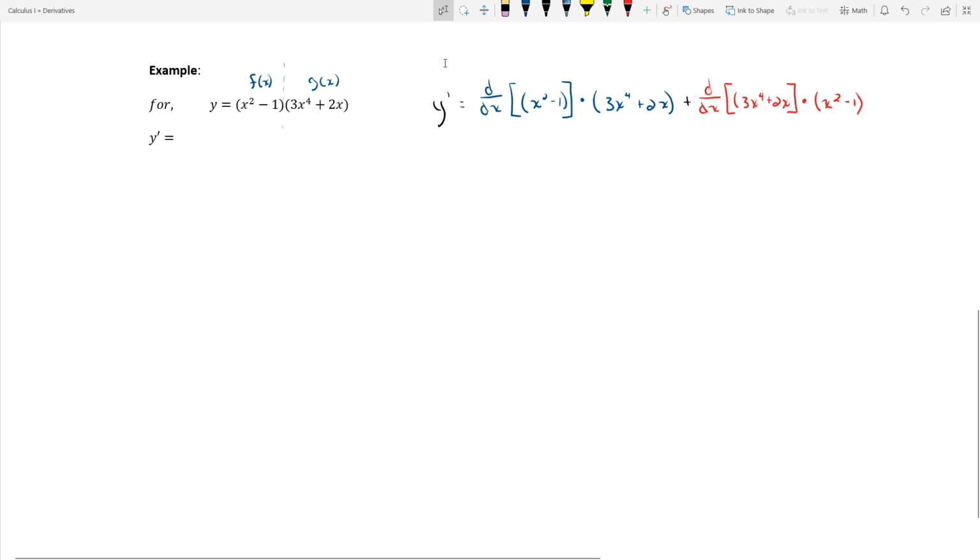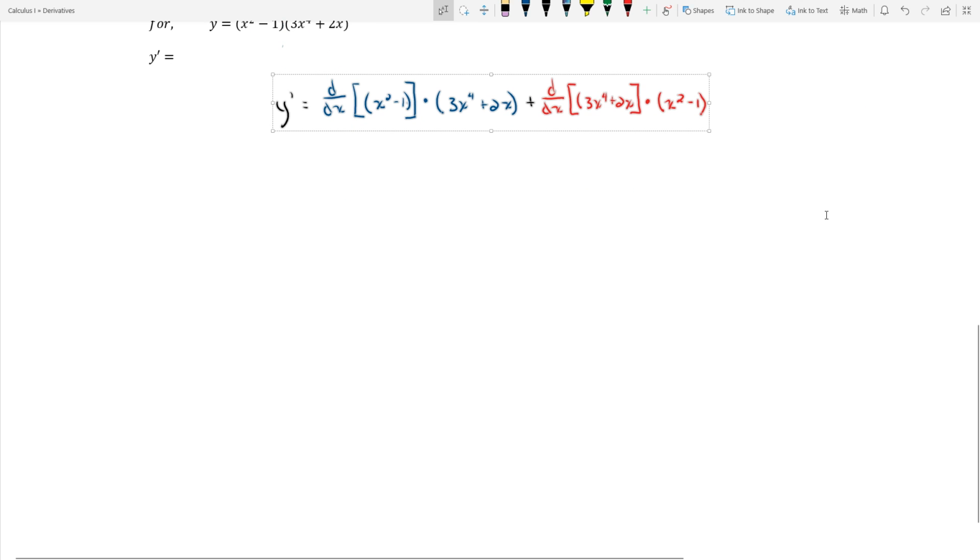Okay, let's bring this down to the middle here and work on this a little bit easier. So start slowly here, working left to right, taking the derivative of x squared minus 1. In doing that, we would bring our x exponent of 2 out front.